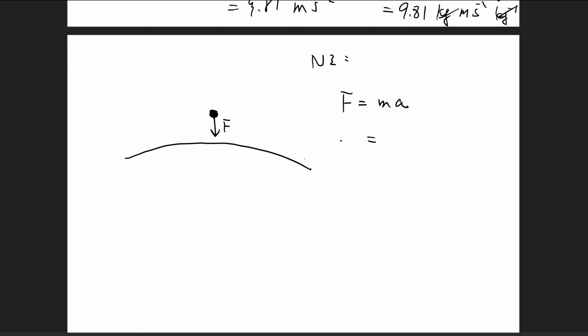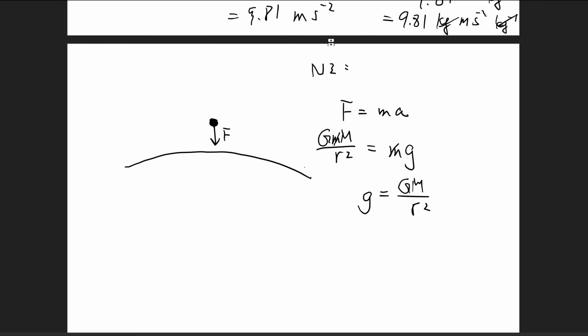We know that the acceleration in this case is g, 9.81, and the force is the gravitational force. So we can use this formula, and we can cancel out the small m, and you can actually see why 9.81 equals the gravitational field strength on the Earth's surface.